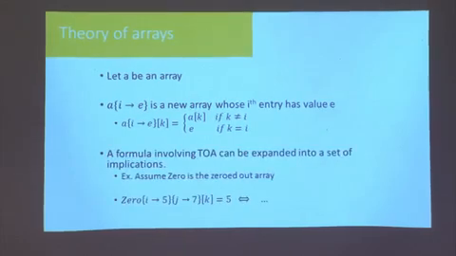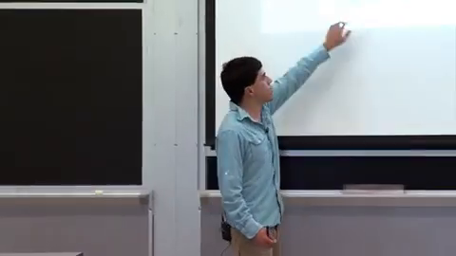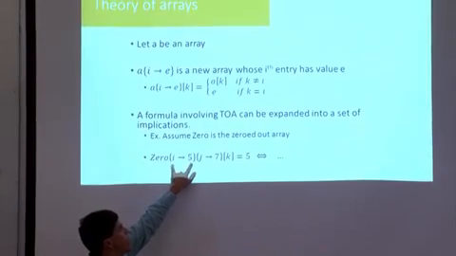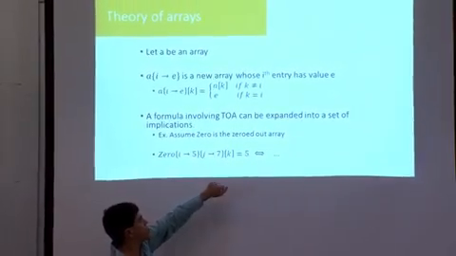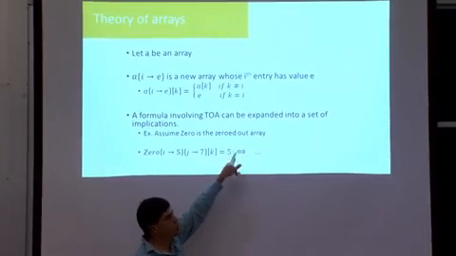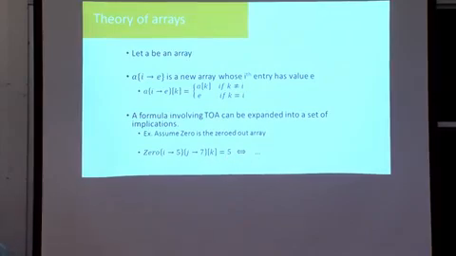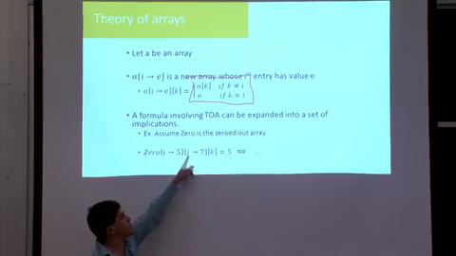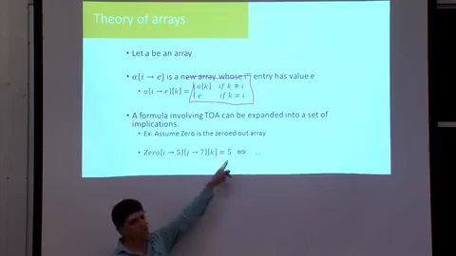And the nice thing about this is that if you have a formula that involves the theory of arrays, so for example, I started with the 0 array, that is just zeros everywhere, and then I wrote 5 into location I, and 7 into location j, and then I'm reading from k, and then I'm checking whether that's equal to 5 or not, then that can be expanded by using this definition to something that says, if k is equal to I and k is different from j, then yes, this is going to be equal to 5.